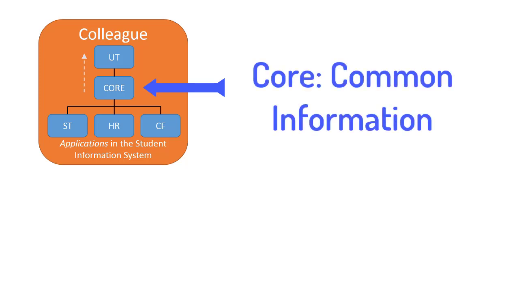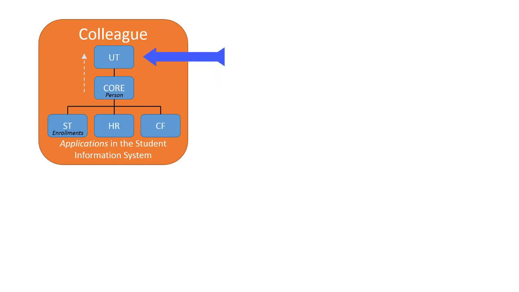Above these and connected to all is the core application. It contains information that spans the whole system, such as the person table, personal data on faculty, students, and staff. The utilities, UT, is the highest level of the tree, and it manages the processes within the system.